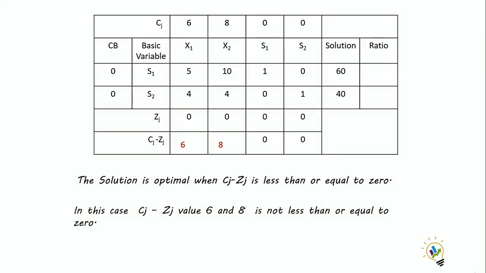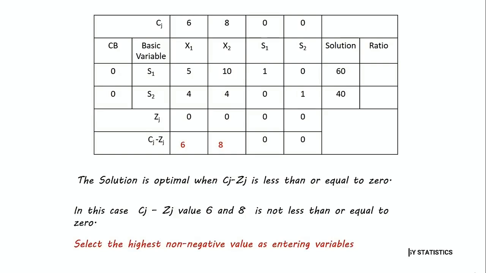In this case, Cj minus Zj values are 6, 8, 0 and 0. So there are two values, 6 and 8, which are not less than or equal to 0. So select the highest non-negative value as entering variable.